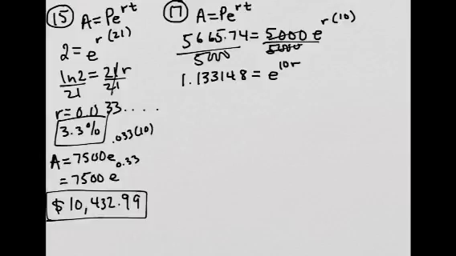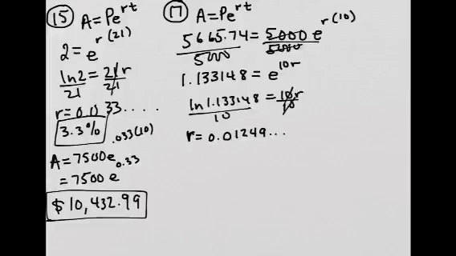So now you change it to log form. So natural log of 1.133148 equals the exponent. We're going to divide by 10.